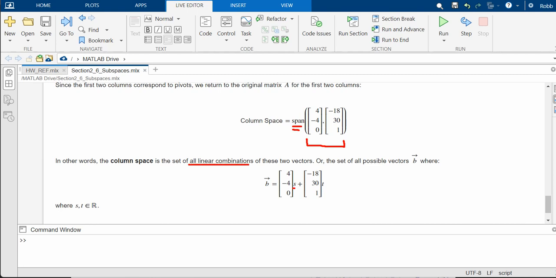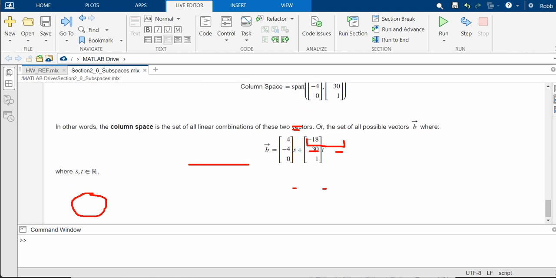So I have s times the first vector and t times the second vector, where s and t are real numbers. Again, they're scalars. These can be complex valued matrices, so these could be complex numbers, but they're scalars, and in our case, they're real numbers. Okay, and that's all you have to do to calculate the column space.